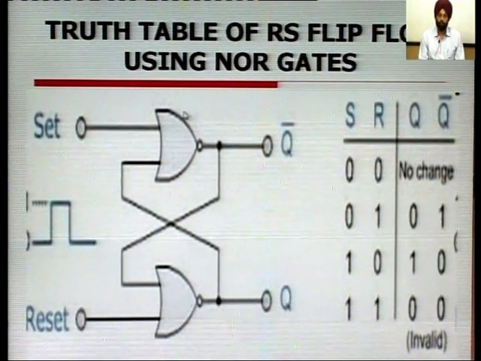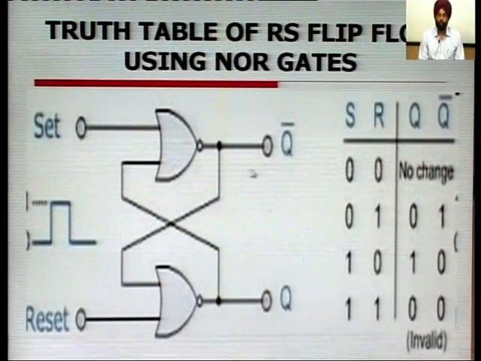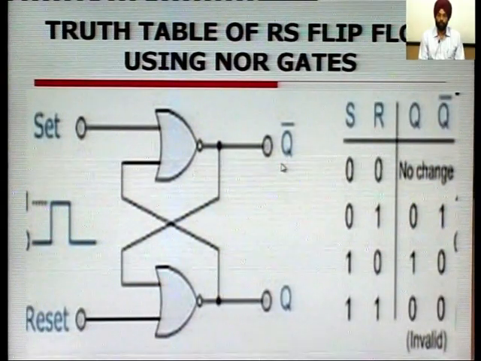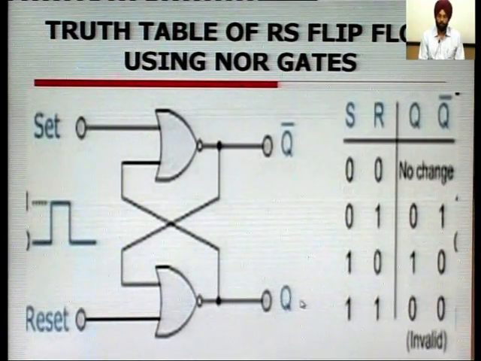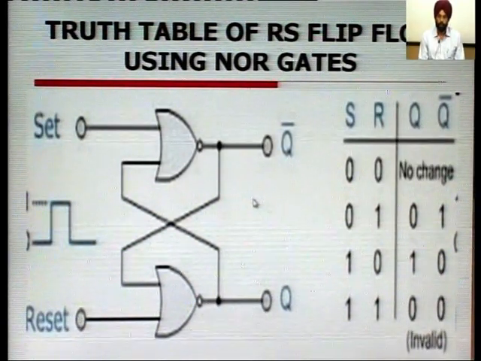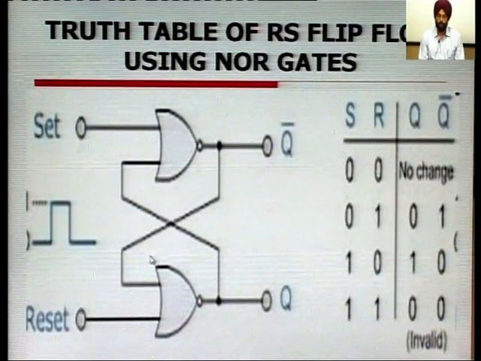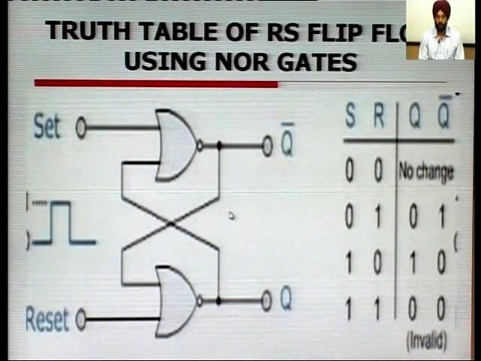We say this flip flop is in the reset state when Q bar is equal to 1 and Q is equal to 0. If Q is equal to 0, we call this flip flop is in the reset state.